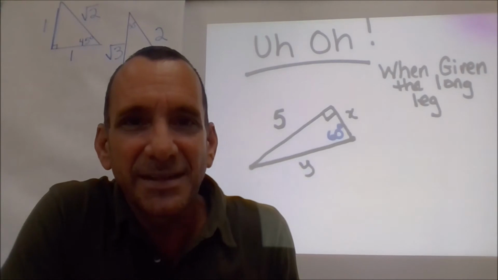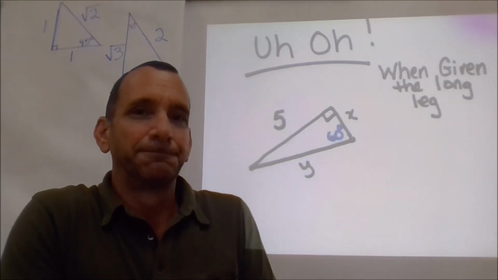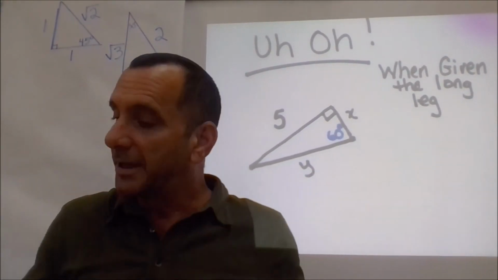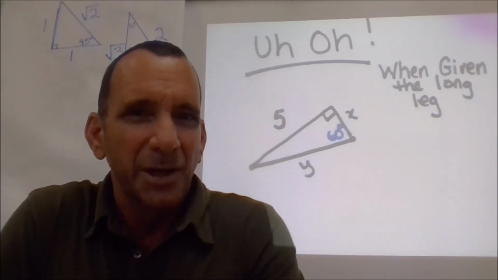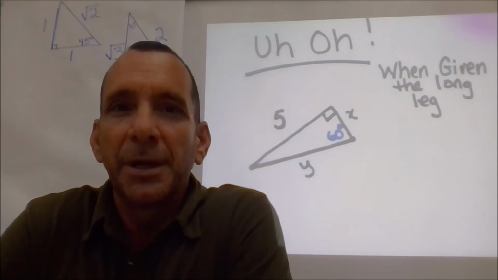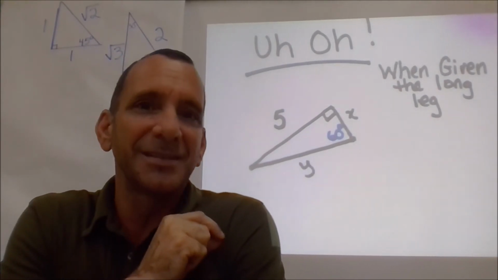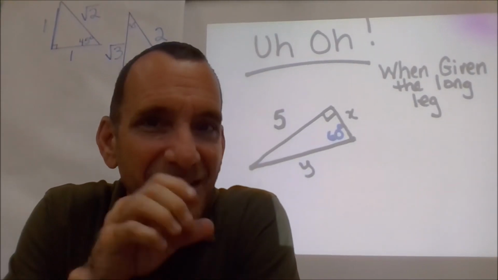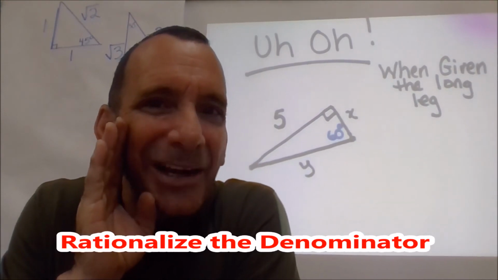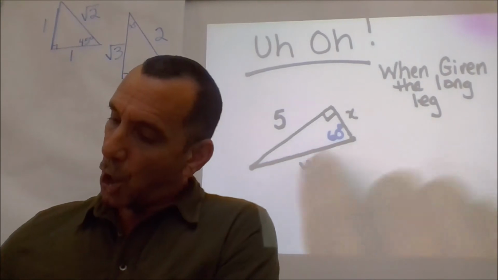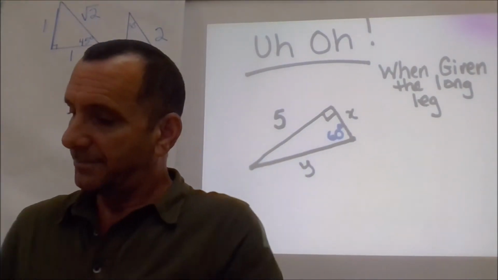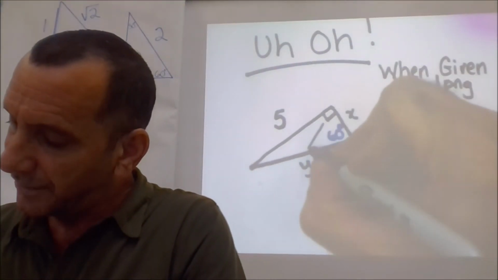I like to call this the uh-oh example. And this is the uh-oh because when you're given the long leg, you have to work with the radical a little bit, and you have to do something that's not too bad. Rationalize the denominator. Why? So let's look at this. The hypotenuse is across from the right angle.